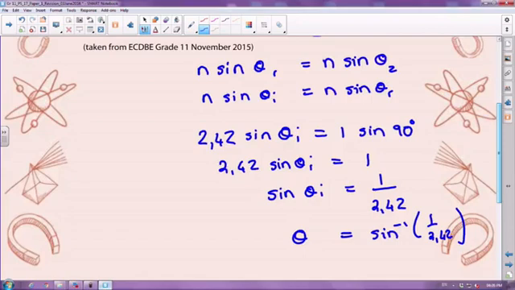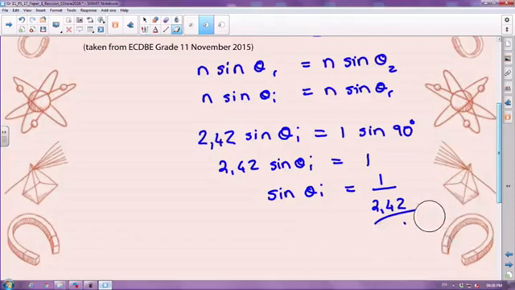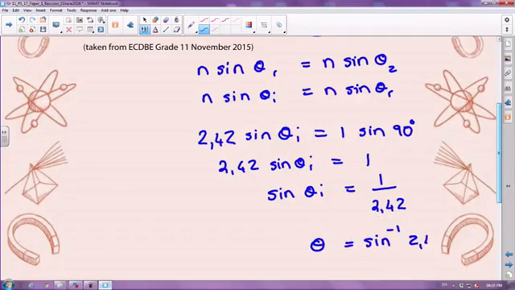What I've got here, this little part, is mathematically redundant, meaning I'm actually saying the same thing. So to make it easier, theta is equal to sine minus 1 of 1 over 2.42.